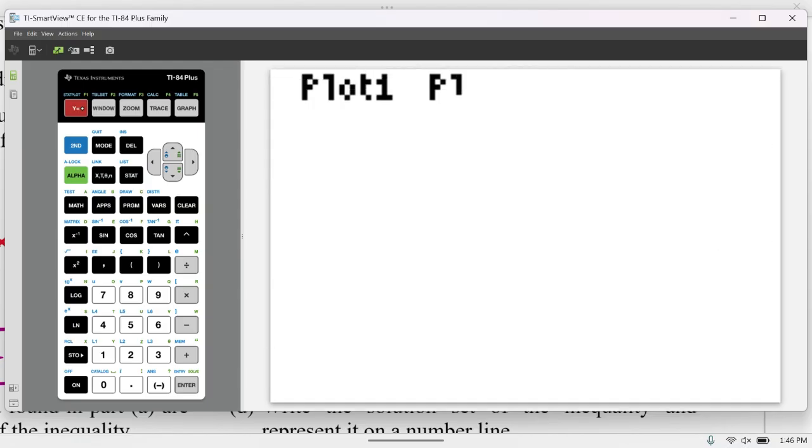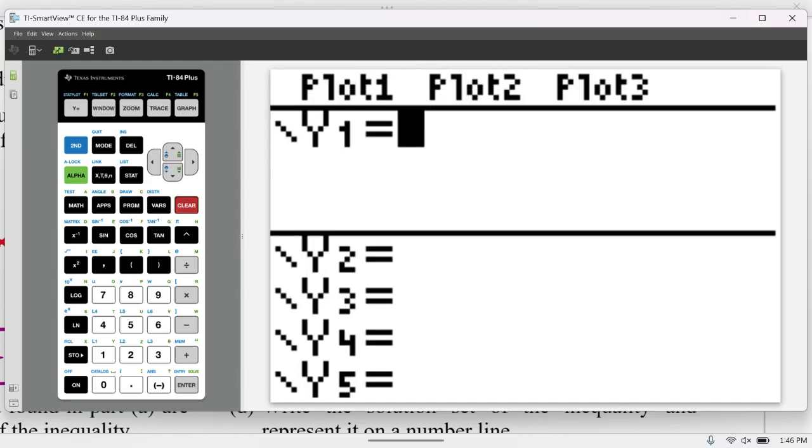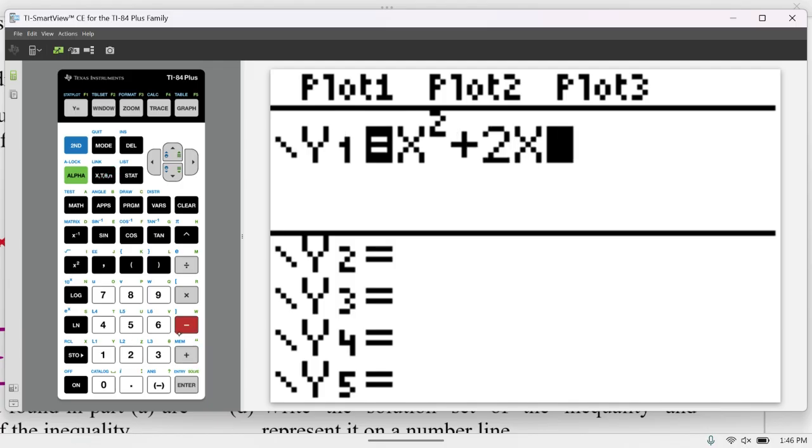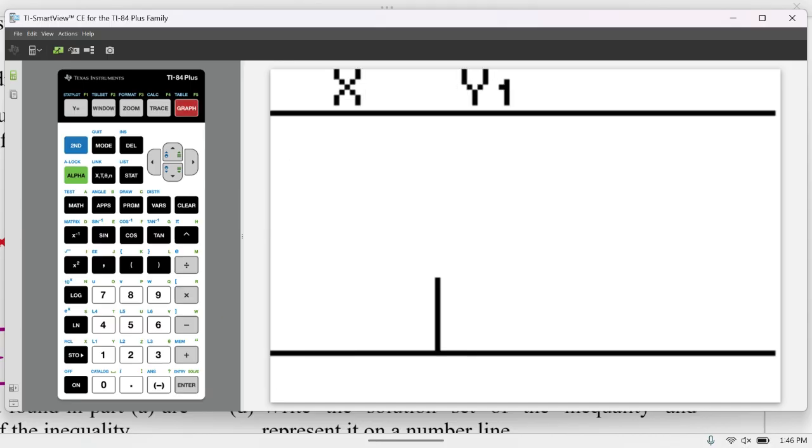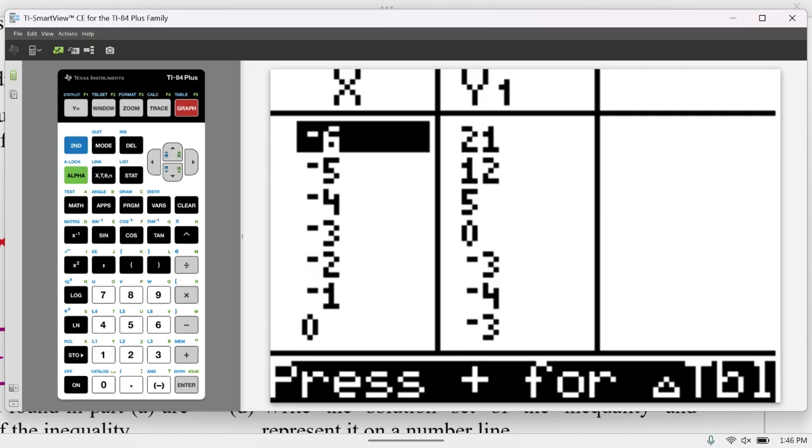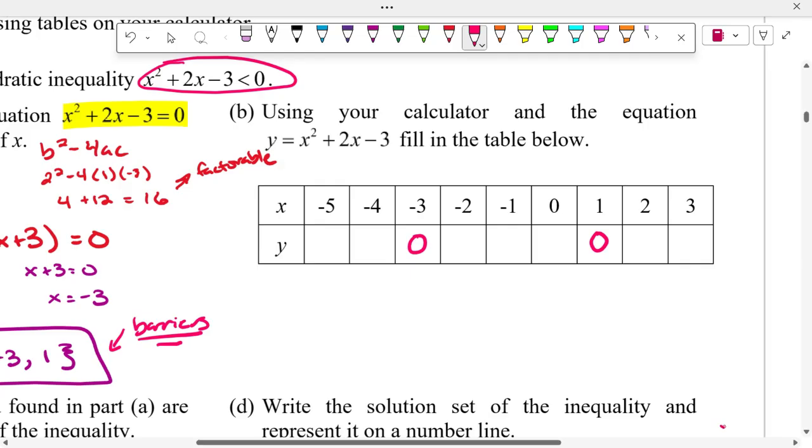Second and then graph. Y equals, clear out any graph that's there, type it in, x squared plus 2x minus 3. Then you just hit second and then the graph key, and you can copy down all the numbers that are there. So it looks like it's 12, 5, 0, negative 3, negative 4, and then it repeats: negative 3, 0, 5, 12.